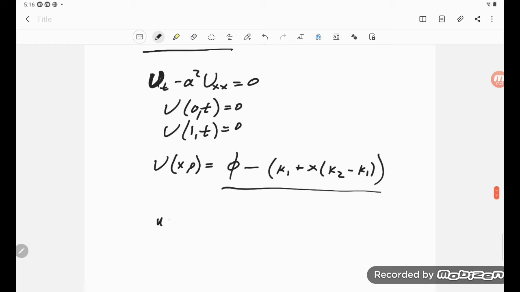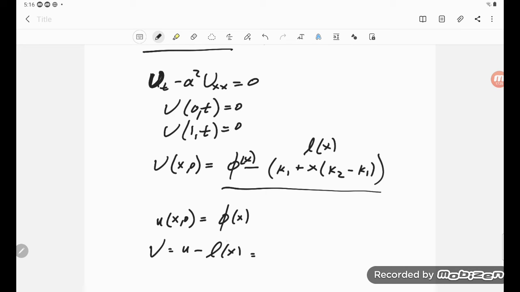And so, if little u of x and 0 was phi of x, then uppercase U, which is equal to little u minus our linear function here, I'm just going to call that L of x for the moment. So that's just L of x up here.